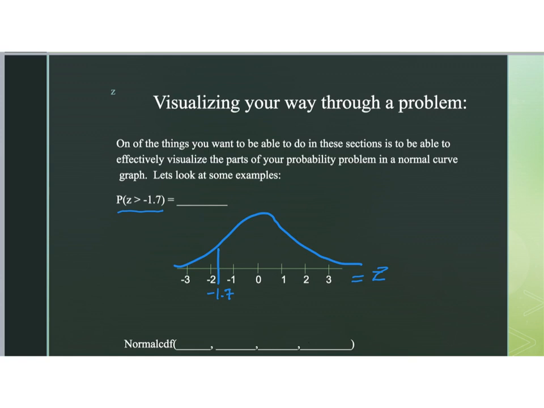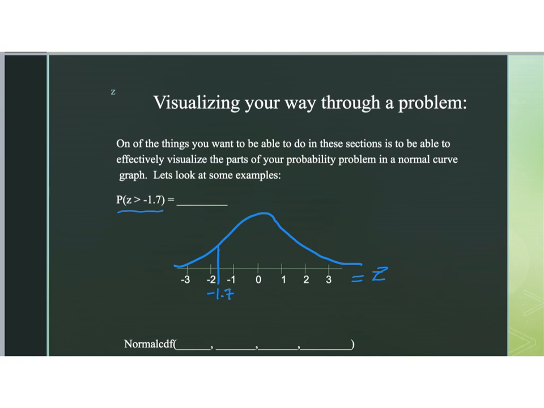And that's what you want to do also in your work: whether it's a data value or a Z value, mark out where that is along the x-axis. We want to know the probability that a z-score would be picked that's greater than negative 1.7.